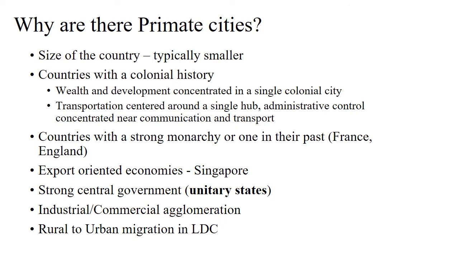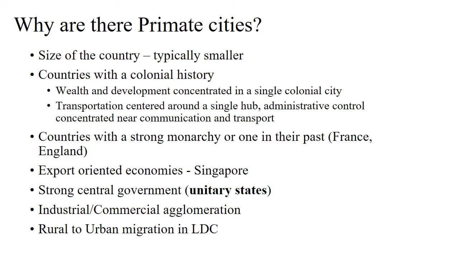A lot of times countries with a colonial history, where they were a subject or victim of imperialism in the past, are going to be more likely to have a primate city, where the wealth and the development of that colony was concentrated into a single colonial city, a kind of colonial capital in that area.